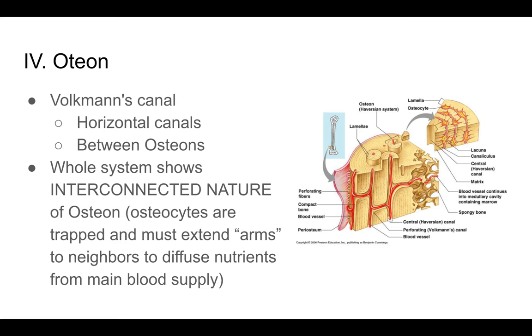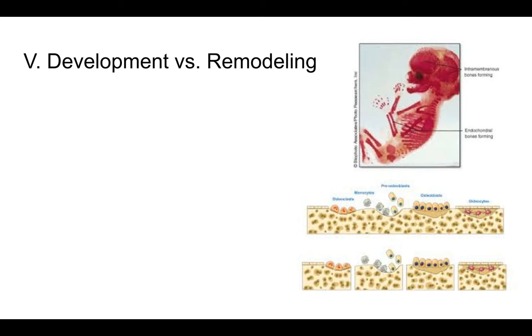The osteocytes that are trapped are dependent upon their neighboring osteocytes and streaming nutrients from them. And the next inner row is dependent again on them as well. And it all tracks back to the main blood supply that exists in the haversian system, or the haversian canal.